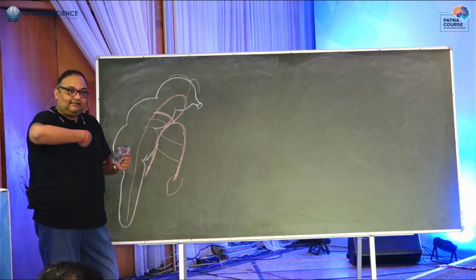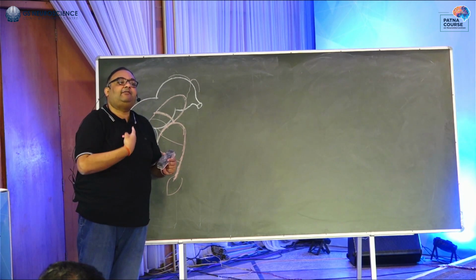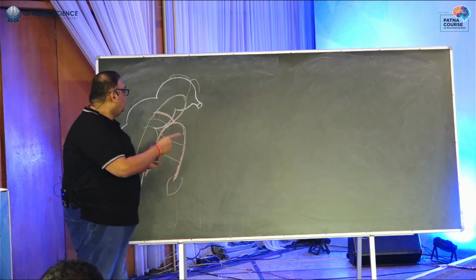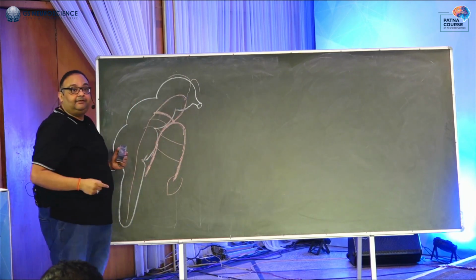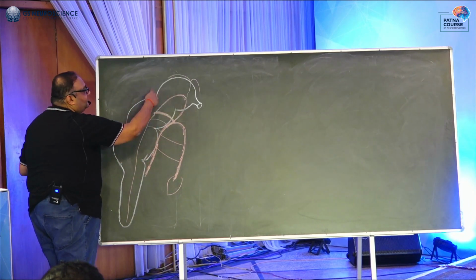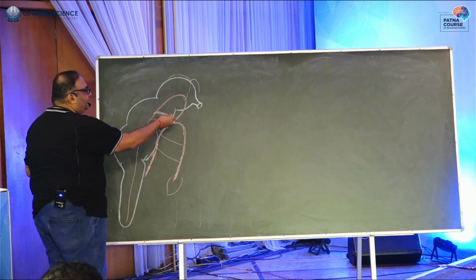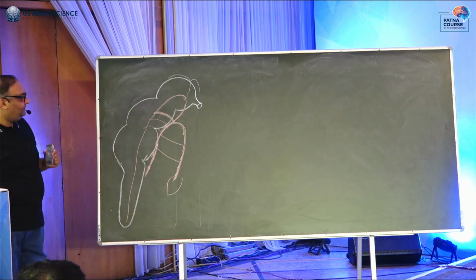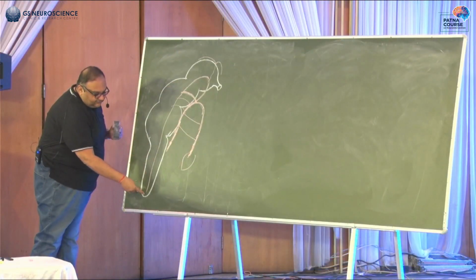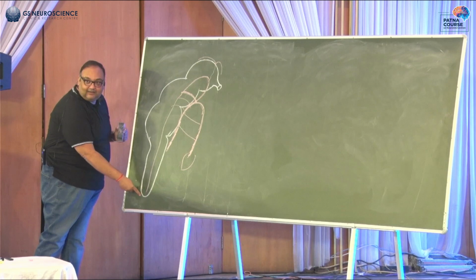Then you have the neural contribution, which is continuing from the dorsal aorta and going up, because the dorsal aorta is at the level of the heart. So you have to have one contribution which goes up. And it surrounds the developing neural tube. It develops in such a way that it forms a loop around the developing neural tube and keeps on continuing downwards to anastomose with the longitudinal neural artery.